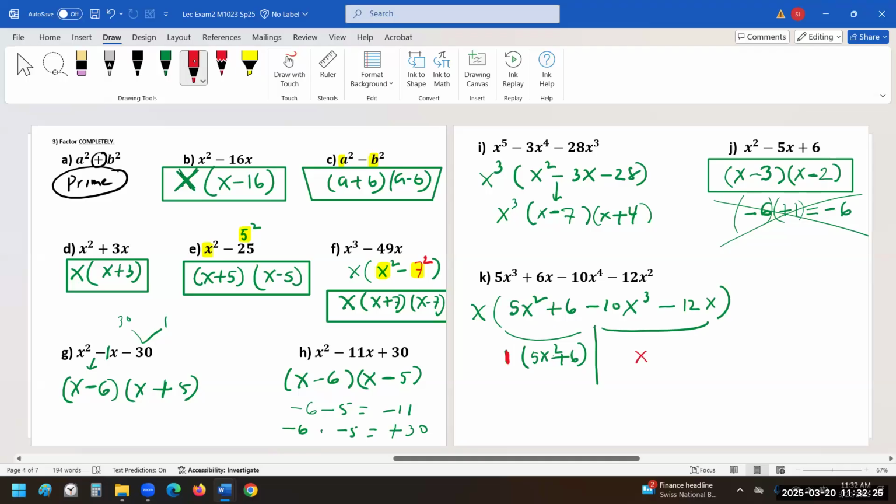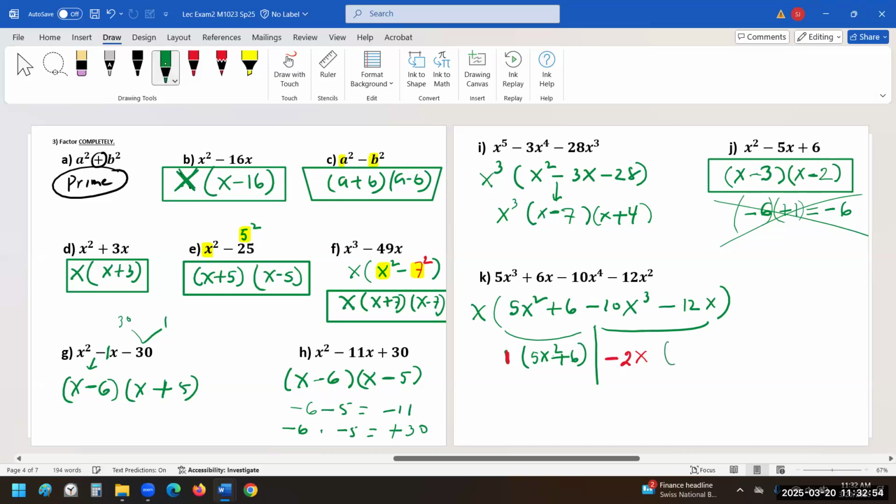How about the numbers? Between 10 and 12, can you divide 10 and 12 by the same number? 2. And how does the second group start, with a positive sign or a negative sign? Negative, right? Would you like to start your day with something negative? Same thing, a polynomial doesn't want to start its day with negative, so it wants to take out the negative also as a common factor.